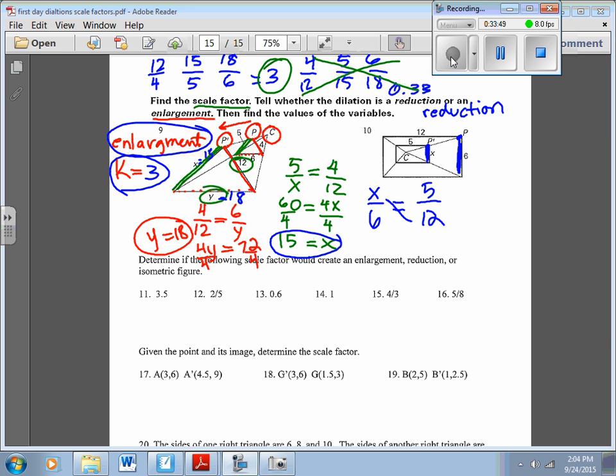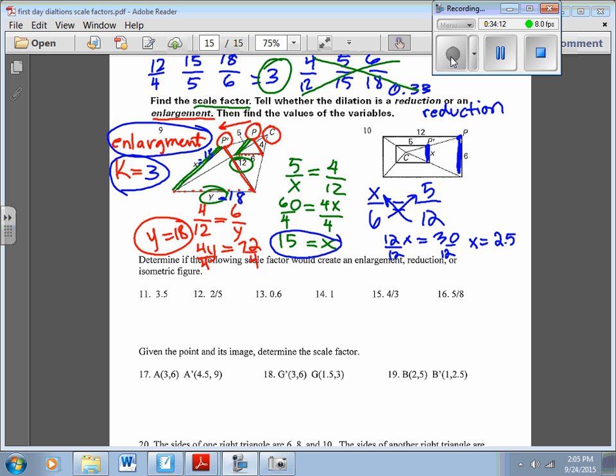Yep. All right, so that'll give me 12x, and then 6 and 5 will give me 30, right? Divide by 12, 30 over 12, what do you get with that? What is it? 2.5? All right, so now we got 2.5 for x.